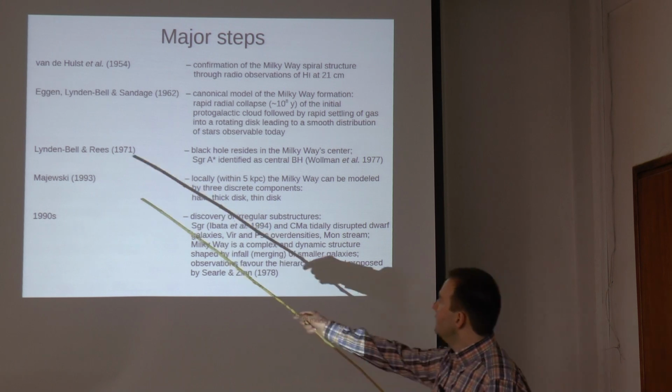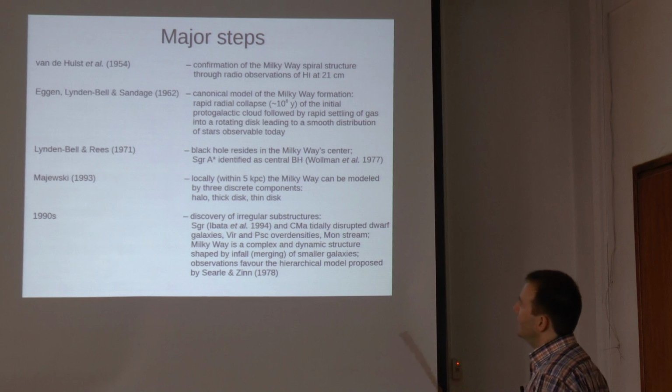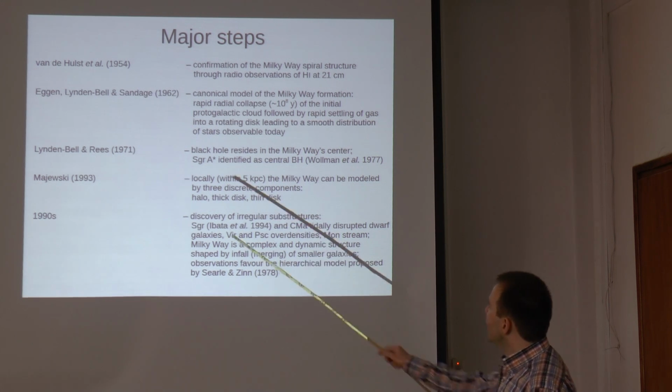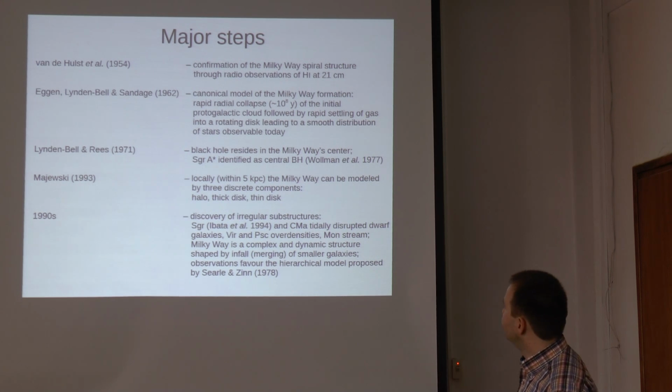And then in 1971, the idea that maybe, or very likely, such a massive black hole is located at the center of our galaxy, and it was identified with the radio source Sagittarius A star in the late 70s.